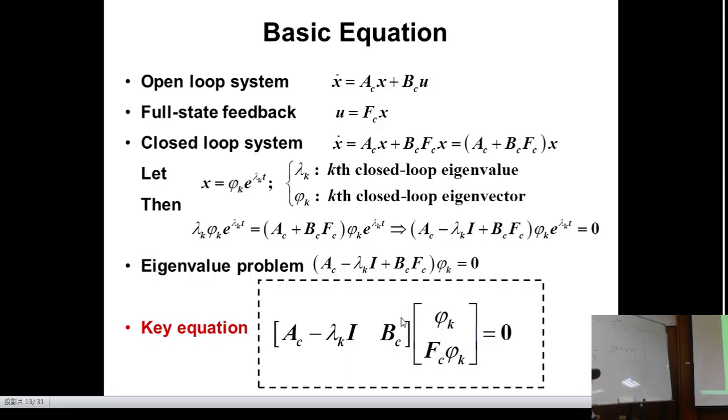It always exists, because you have more columns than rows. It always exists in the null space such that this equation is satisfied.